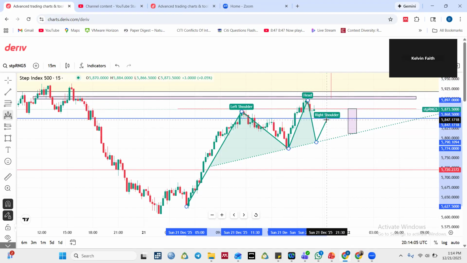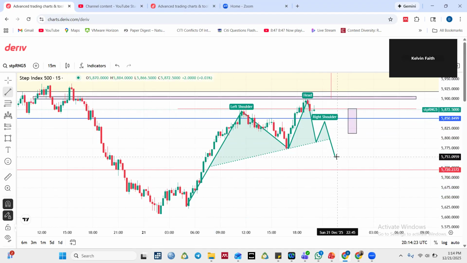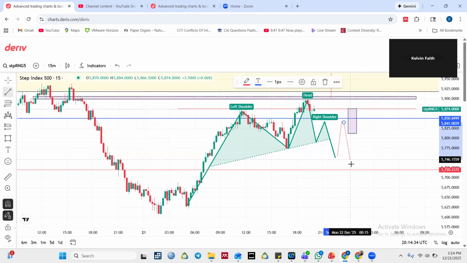So once it goes up again and fails to make a new high, that's going to make us a right shoulder. From the right shoulder, I should expect market to break this trend line or the neckline. Once it breaks it, the market should move up, retest the neckline here, or come to retest the right shoulder, and then I should expect a bigger sell or move.